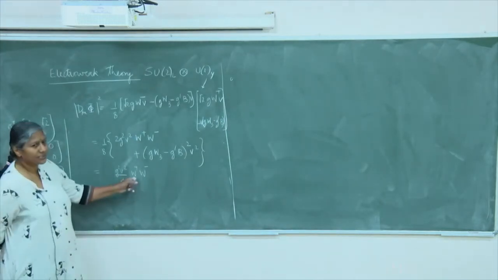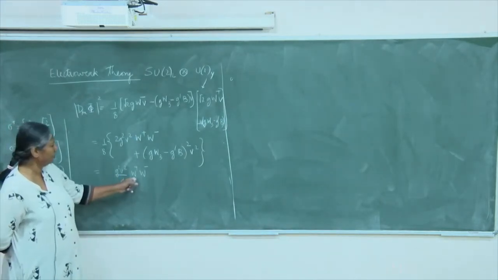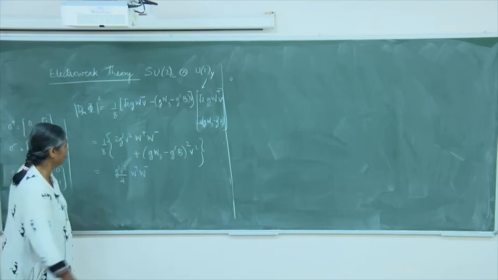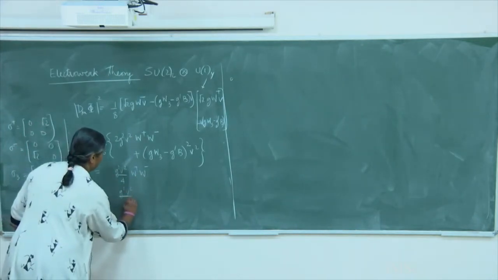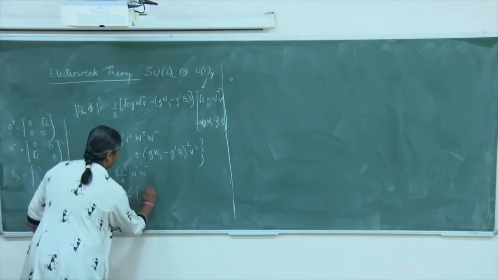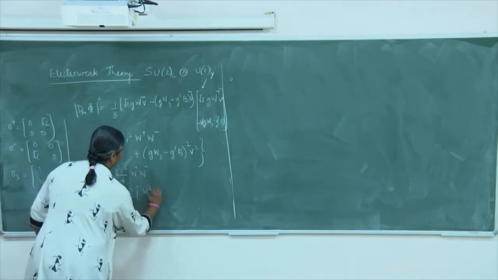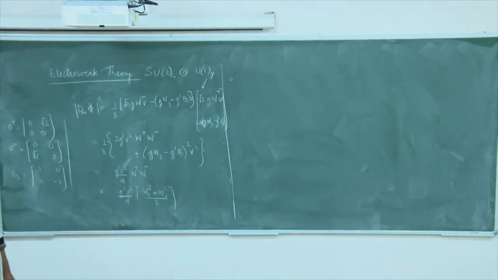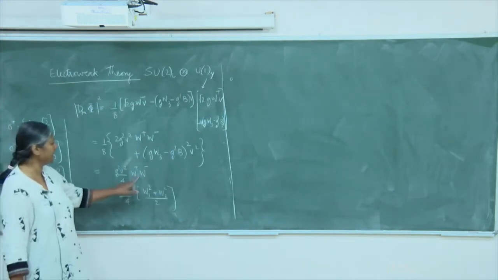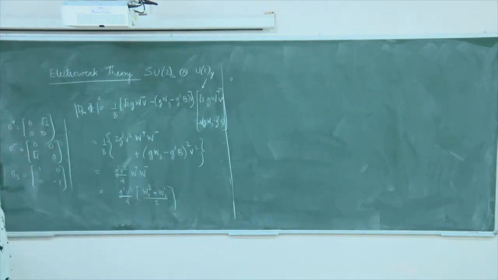You remember W plus was W1 minus I W2 by root 2, and this was W1 plus I W2 by root 2. So you can see that this is actually G squared V squared by 4 W1 squared plus W2 squared by 2. Just multiply A plus IB into A minus IB, you will get this, okay.